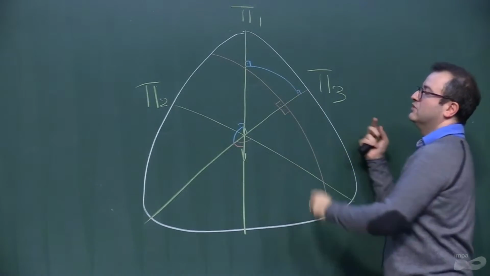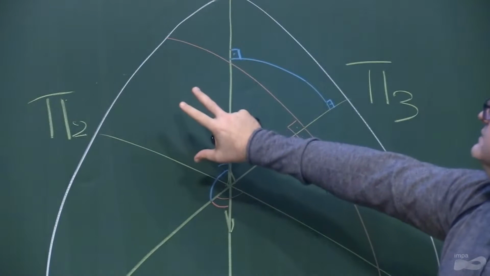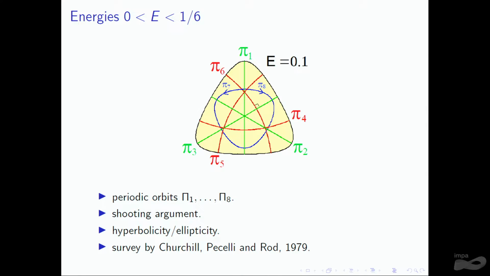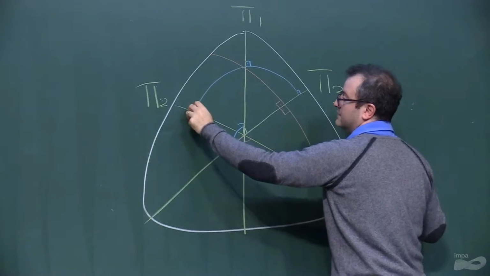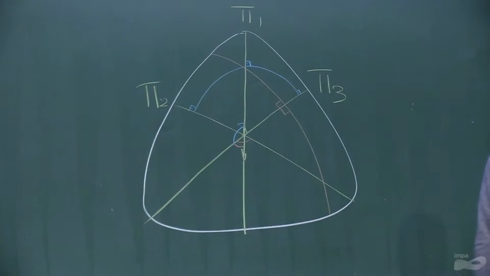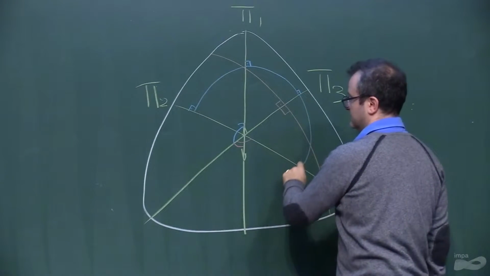And then, because of those symmetries that I said in the beginning, you can reflect this by rotating 2 pi over 3. And first you reflect with respect to this axis here, and you produce this other part here. And then you can rotate by 2 pi over 3 to produce the remaining parts of this orbit here. Okay.